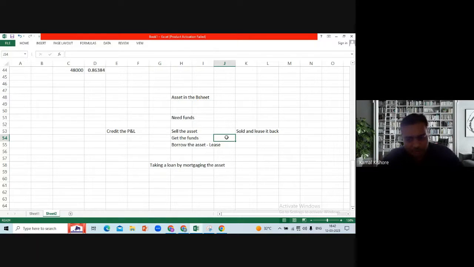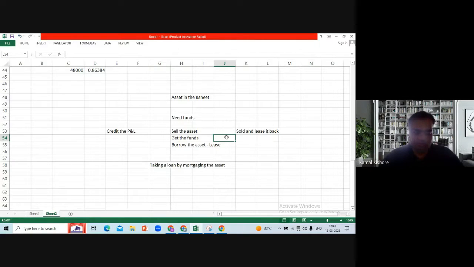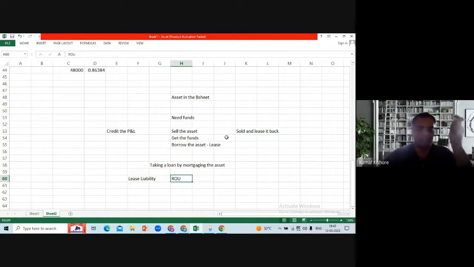That means you are continuing to use the asset. The asset is in your control. So in that case, the standard says it should not be shown as a sale of the asset. You will continue to show the asset as ROU and a lease liability. So the sale-related transaction will be fully reversed. You will not show the P&L fully.